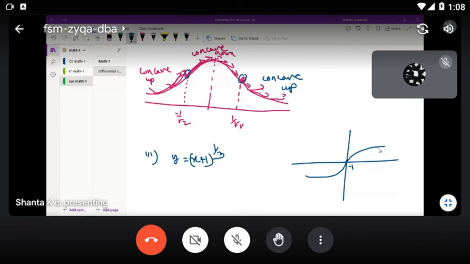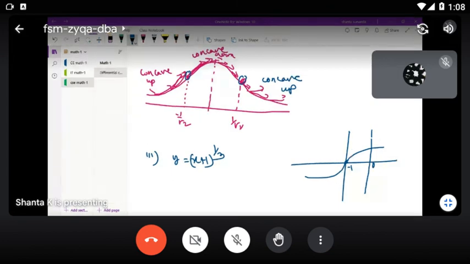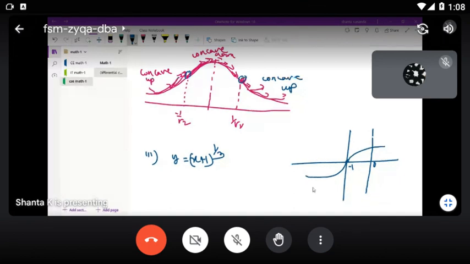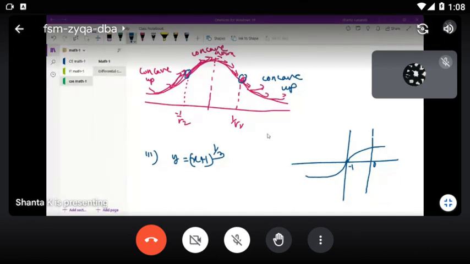I'm making it -1. Let me make this the origin. So this is -1. By looking at it, you can say this side it is concave upward, and this one is concave upward. And here concave downward.